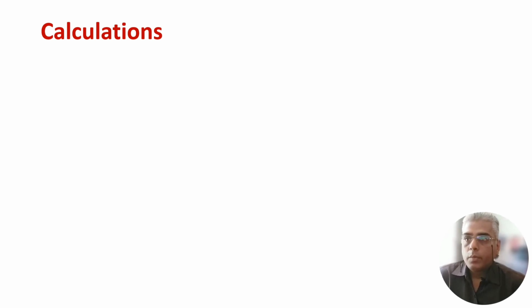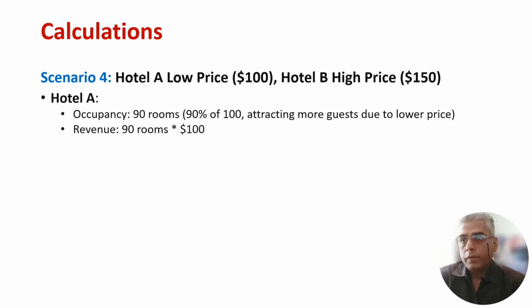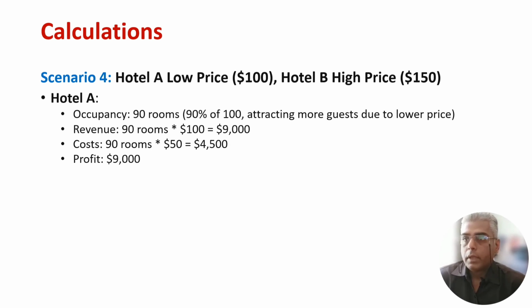There could be another scenario which is just the opposite of this one, wherein hotel A prices itself lower at $100, whereas B prices itself at $150. Hotel A would do a revenue of $9,000, whereas it'll incur the cost of $4,500 and do a profit of $4,500.